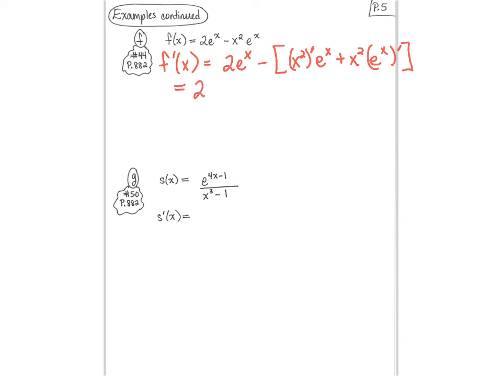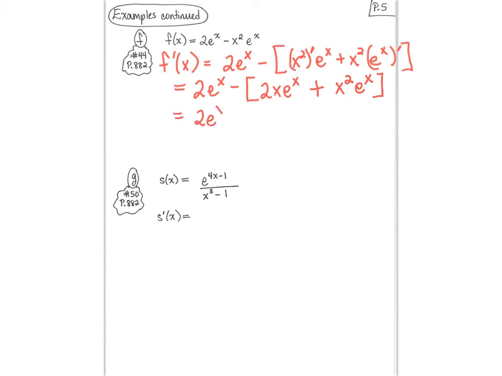So now that's 2e to the x minus bracket. What's the derivative of x squared? Well, that's 2x. So 2x e to the x, because the derivative of x squared is 2x, and then we just bring e to the x down. Then you would add to that x squared times the derivative of e to the x. Well, the derivative of e to the x is just e to the x. Now, we distribute our negative.